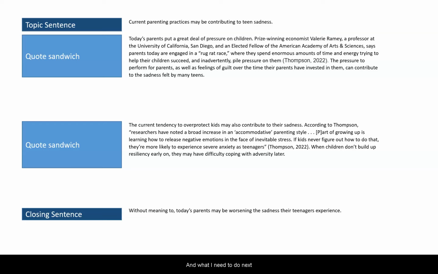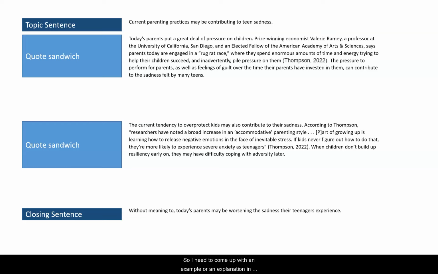And what I need to do next is these are the ideas I understand, but I need to explain these ideas to my reader. I did this reading, I took the notes, I've come to a certain understanding, but my reader didn't come along on that journey with me.